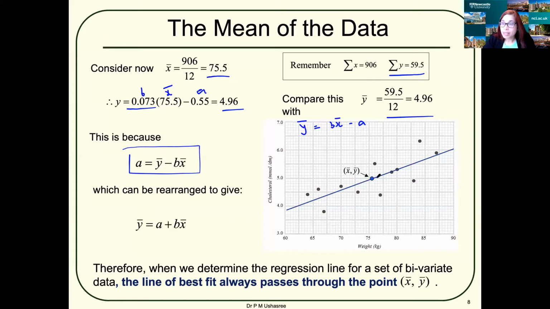The line of best fit should pass through the mean of the data pair or mean of the bivariate data. So therefore, when we determine the regression line for a set of bivariate data, the line of best fit always passes through the mean of x and y, so x bar comma y bar. Okay, that's an important point which you should know.